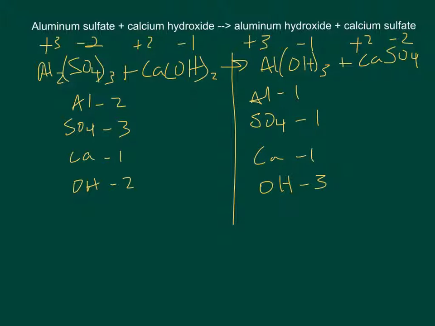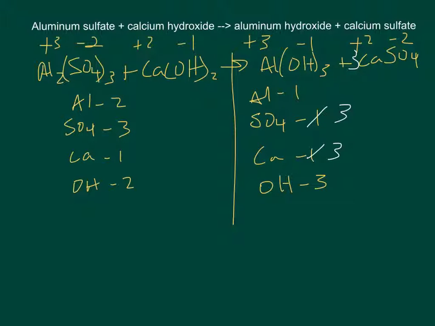So let's do the sulfates first. Alright, so my sulfates, I have 3 on the reactant side, so I'm going to do 3 on the product side. Do 3 there, so that gives me 3 of these, and it also gives me 3 calciums. Okay, so then my hydroxides, I got a 2 and a 3, so we probably need to make that equal 6.